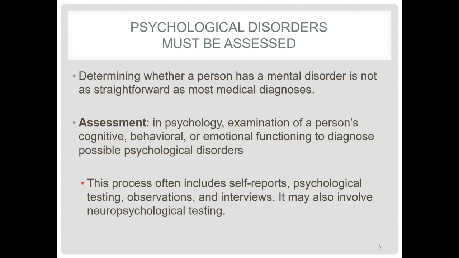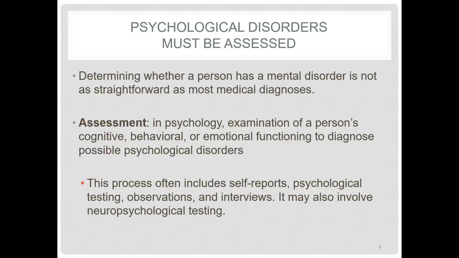Now, the assessment process helps us work through the diagnostic criteria presented in the DSM-5. Assessment in psychology is the examination of a person's cognitive, behavioral, and/or emotional functioning to diagnose possible psychological disorders. This process often includes self-report.